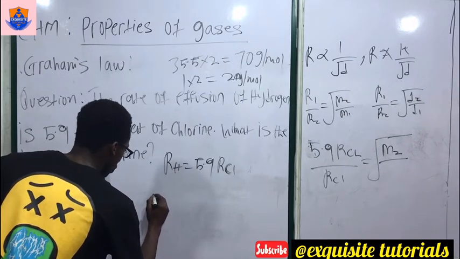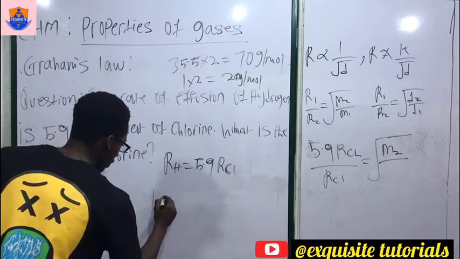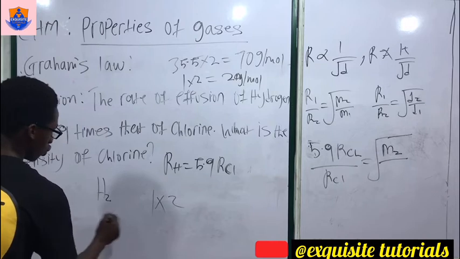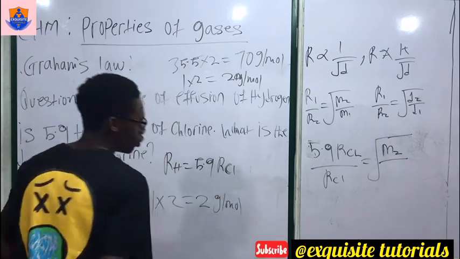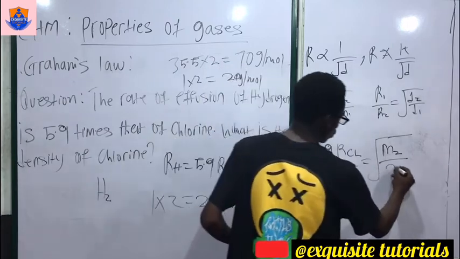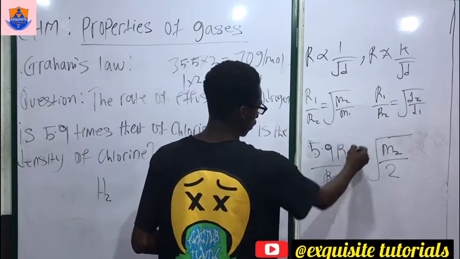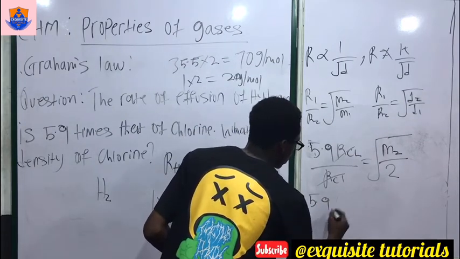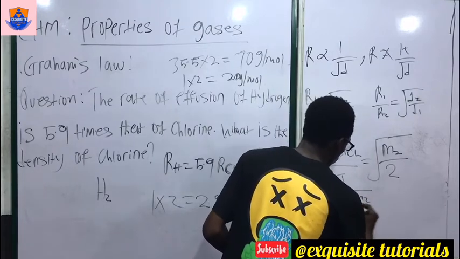The atomic mass of hydrogen is 1. So for 1 mole of hydrogen, we have H2 here, so times 2, we have 2 grams per mole. So now let's cancel the rate of chlorine. We are left with 5.9 is equal to root M2 over 2.